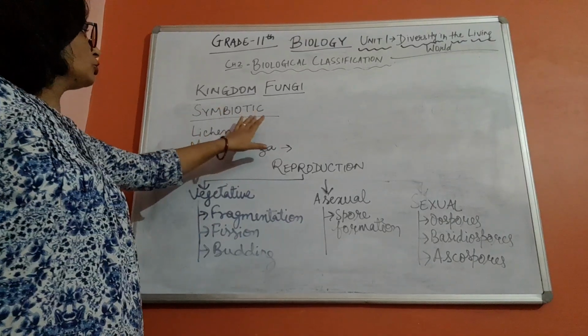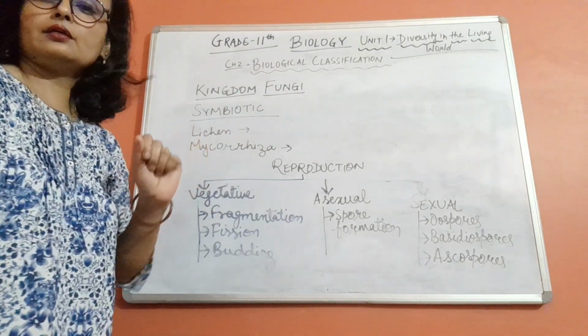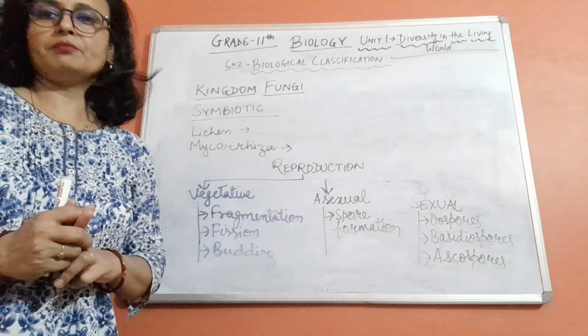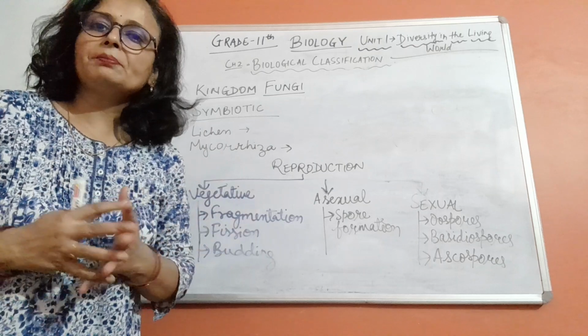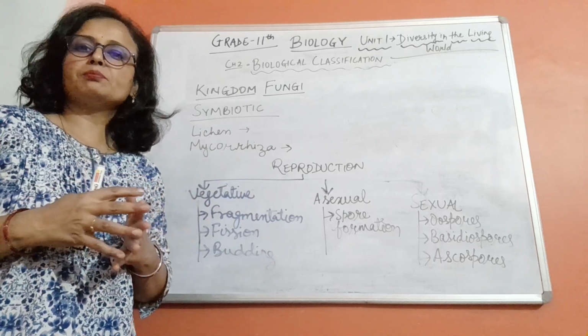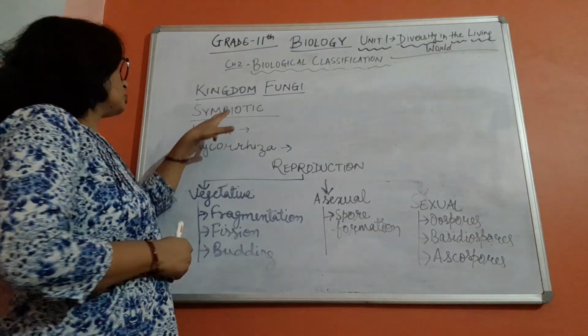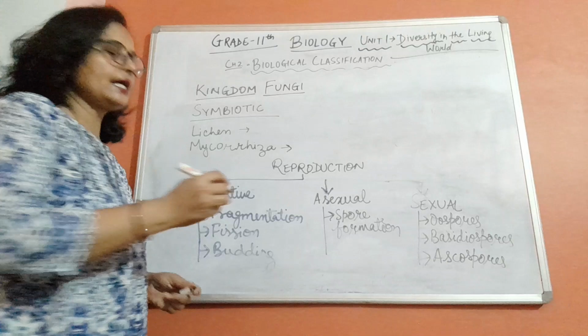There is one more mode of nutrition in fungi, that is symbiotic. In a symbiotic relationship, or in symbiosis, basically two organisms live together. They both depend on each other. They get mutual benefit from each other. One example is lichen.